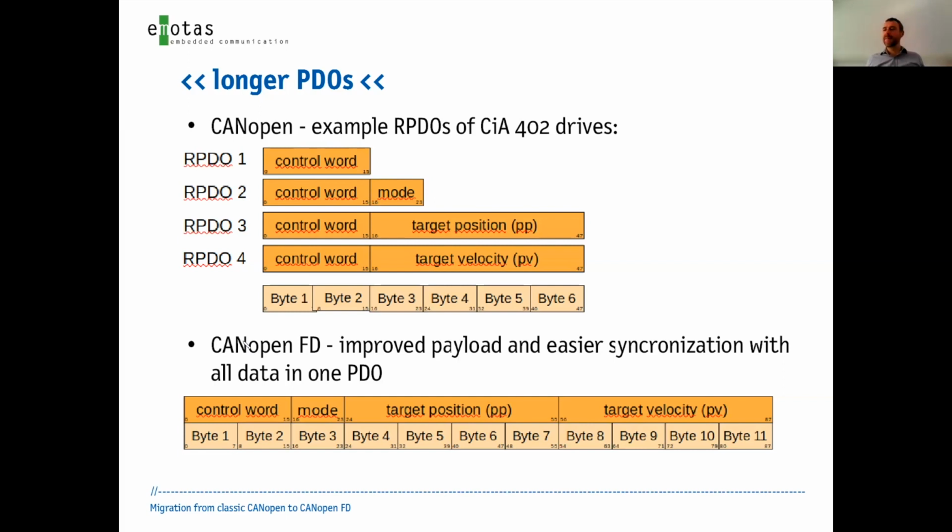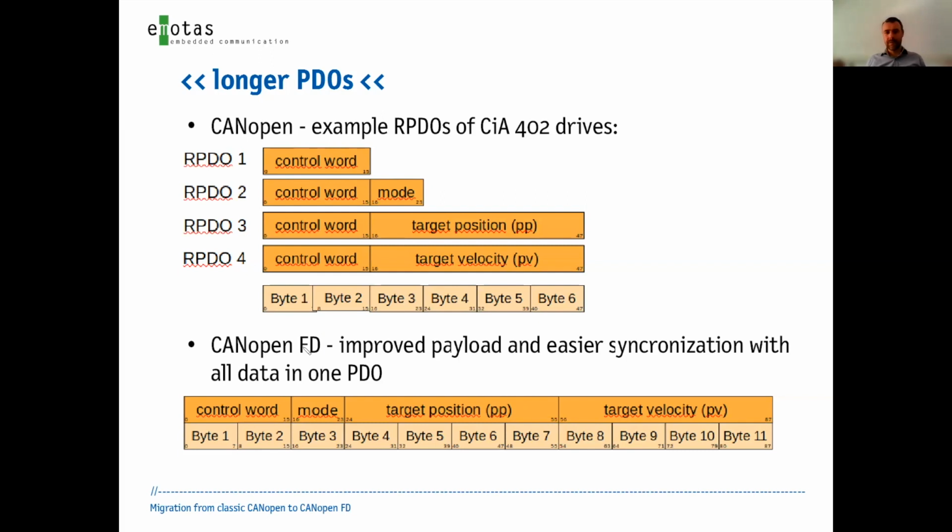It's especially better for synchronization on the receiver side if multiple objects which belong together are in the same message. So this is a great feature of CANopenFD, to have longer PDOs.